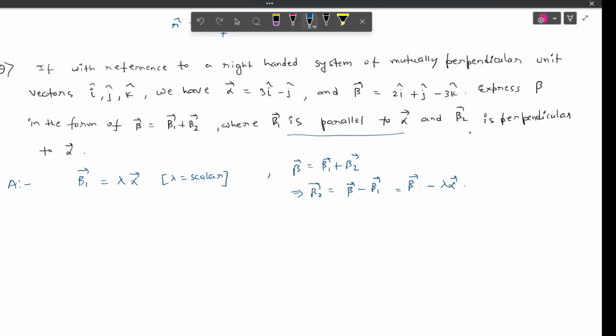And it is also given that beta 2 is perpendicular to alpha. So that means beta 2 dot alpha should give 0, right? So this implies beta 2, which is (beta minus lambda into alpha vector) dot alpha vector, is 0.